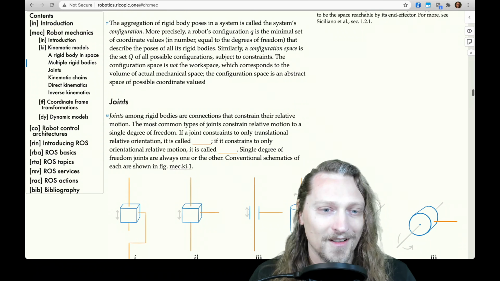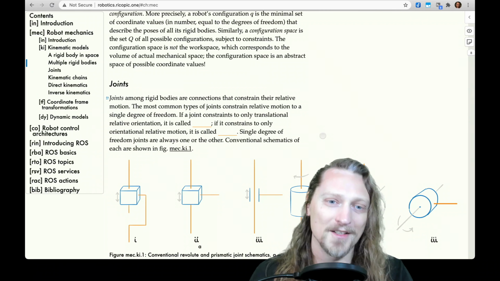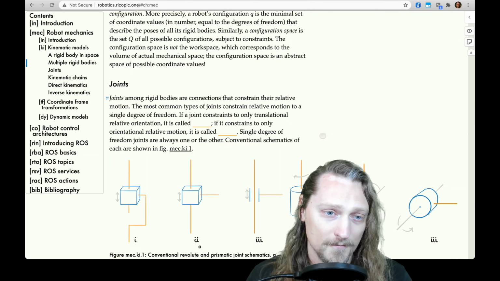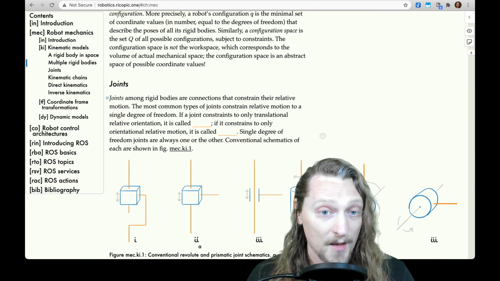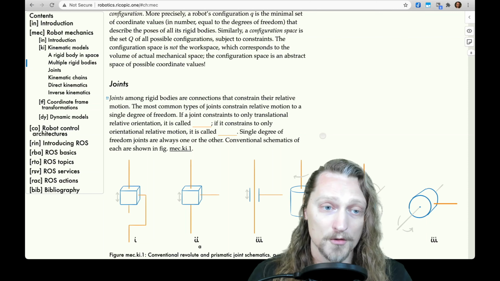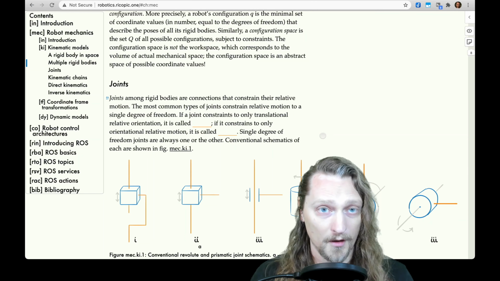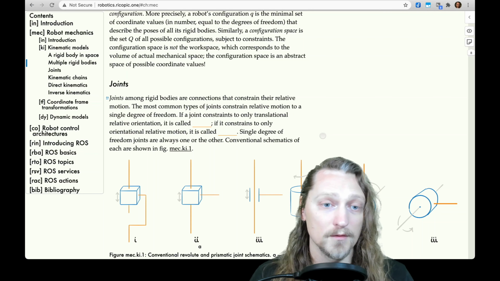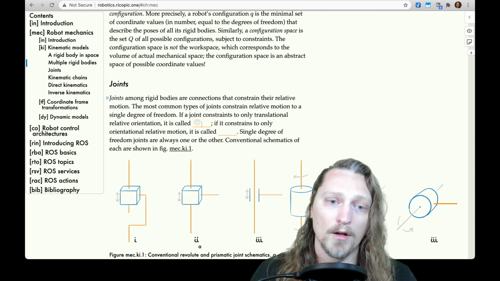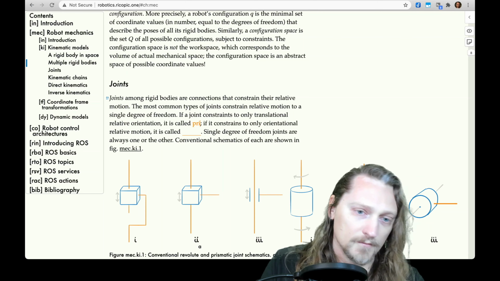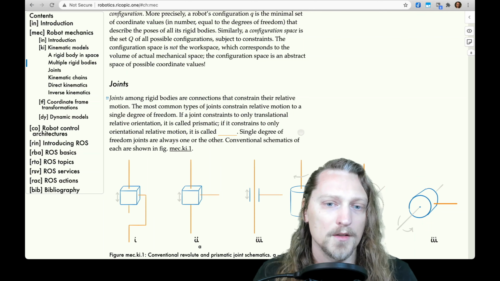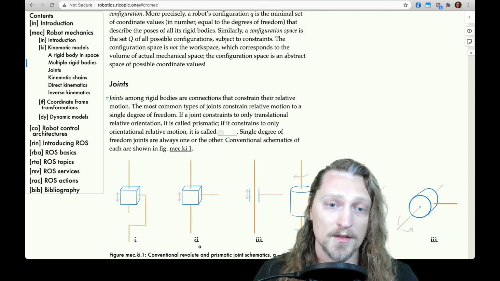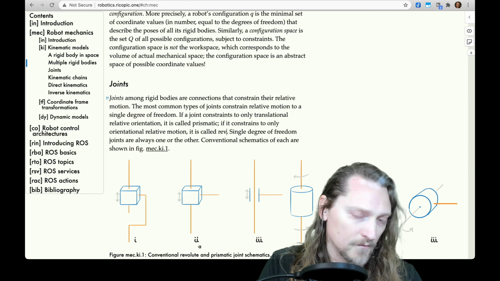Joints. Joints among rigid bodies are connections that constrain their relative motion. The most common types of joints constrain relative motion to a single degree of freedom. If a joint constrains to only translational relative motion, it is called prismatic. If it constrains to only orientational relative motion, it is called revolute.